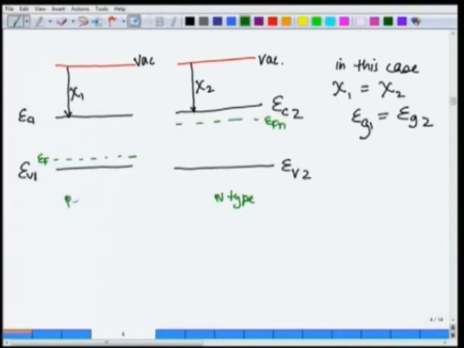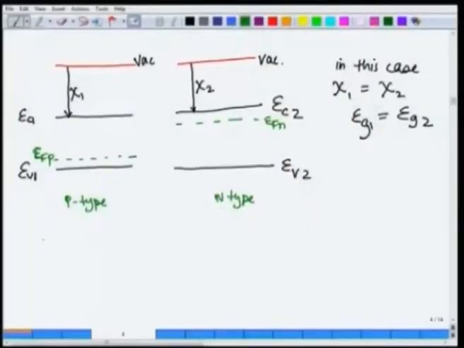This is p type, EFp. This is the Fermi energy on the p type. So, that is what this material is, and we have not joined them. These two materials are lying, n type material and p type material lying next to each other, but we have not so far joined them.